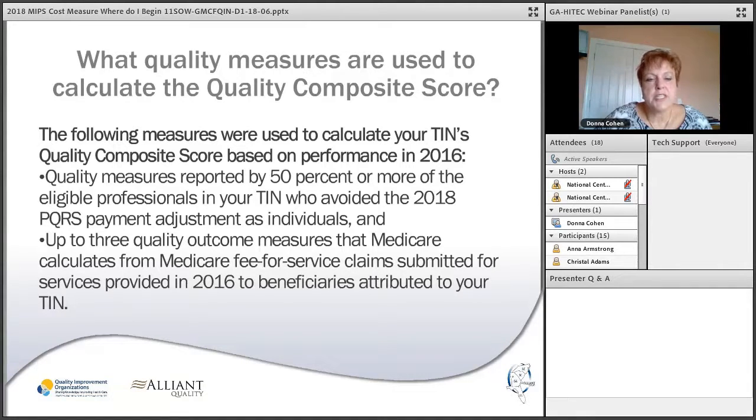So those clinicians that successfully reported PQRS, it uses those PQRS measures that were reported in 2016, along with 3 outcome measures that Medicare calculates from your Medicare fee-for-service claims submitted in 2016 for the beneficiaries, again, that were attributed to your TIN. And we'll talk about those 3 outcome measures a little later on in the presentation.